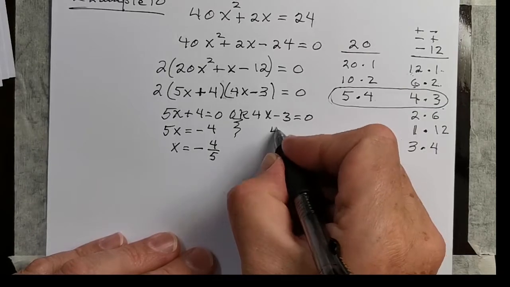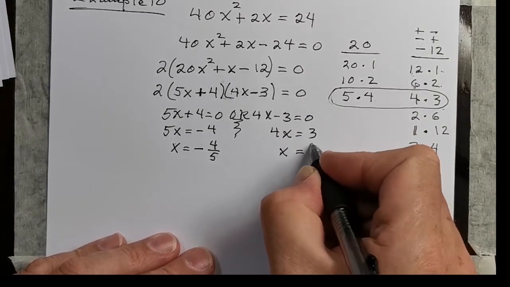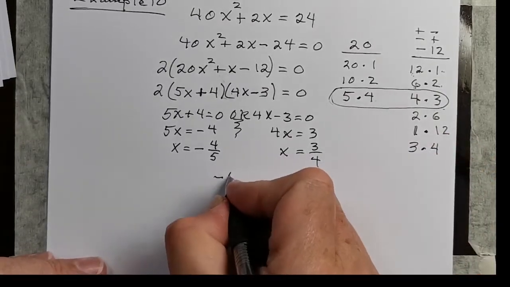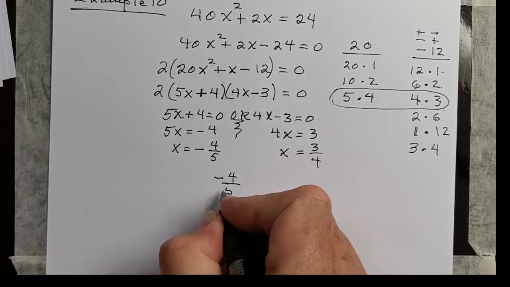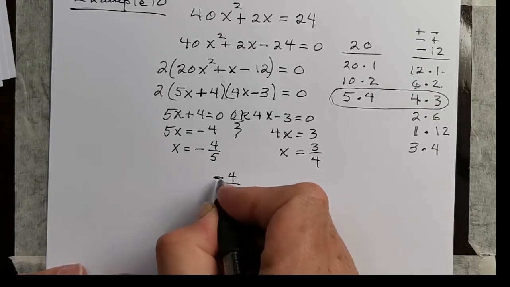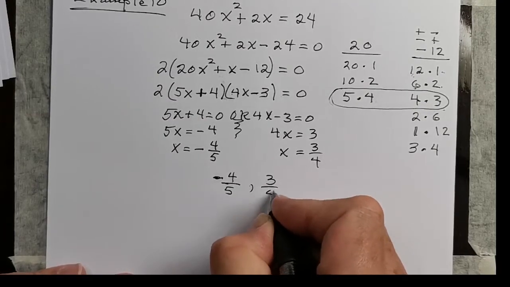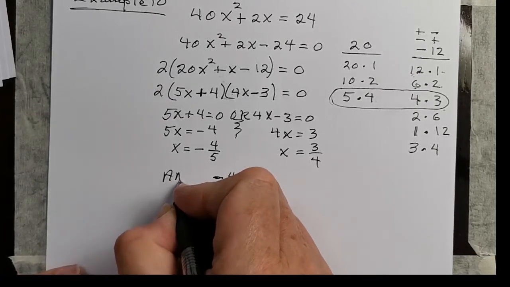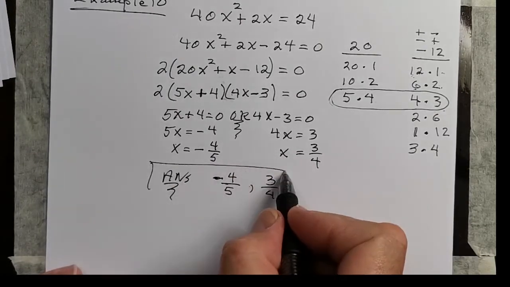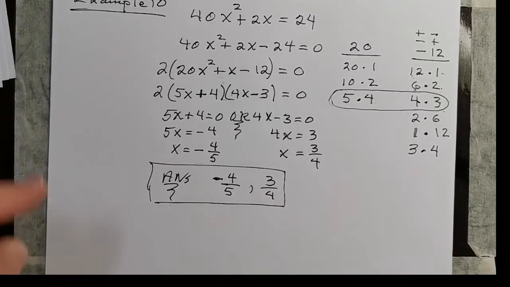In this case, 4x would be equal to 3, or x is equal to 3 divided by 4. So negative 4/5. The negative sign really should be in front here. And 3/4. These are our answers. That is example number 10.